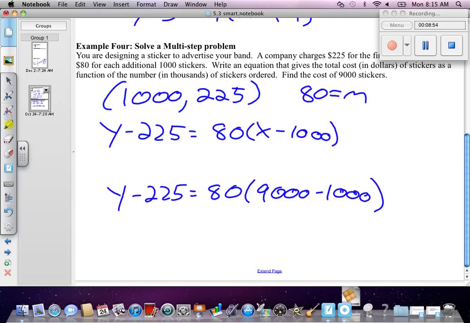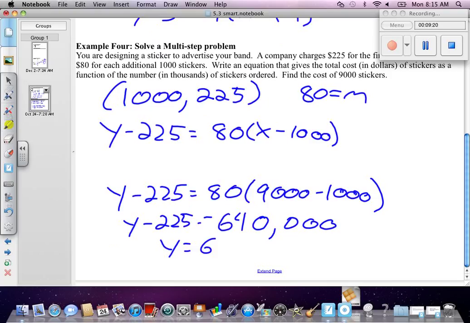So I can do all that. 9,000 minus 1,000 is 8,000 times 80 is 640,000. And now I have to add 225 to both sides. So y equals $640,225 to make 9,000 stickers.